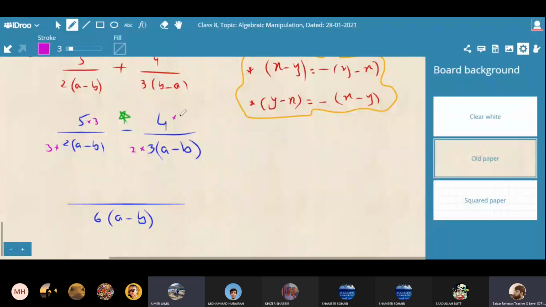Sir, 5 times 3 is 15. 2 times 4, 8. 15 minus 8. What is the final answer? 15 minus 8, 7. 7 upon 6(a minus b). Now this cannot be further simplified, so this is our final answer.